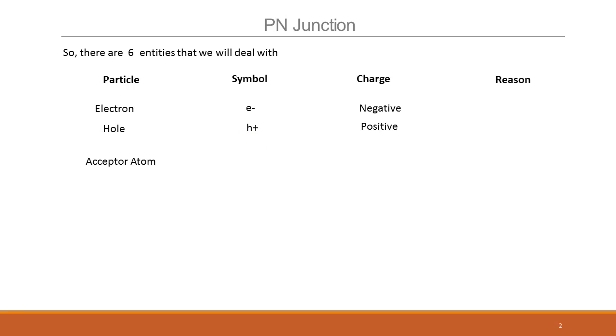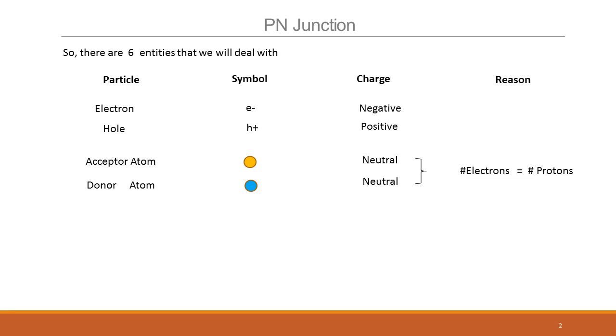Hole will be represented by an h plus and it has a positive charge. This is relatively straightforward. Acceptor atoms like boron will be represented by this kind of yellowish circle, and it is electrically neutral because the number of electrons equals the number of protons. A donor atom like phosphorus will be represented by a blue circle.